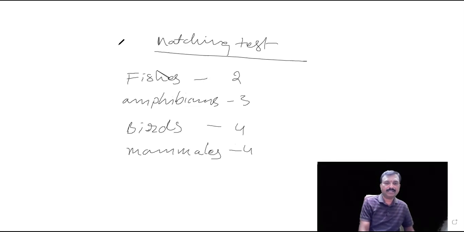On one side, the name of the group of animals, on the other side, the number of chambers. Questions like these will be asked in MHT-CET examination as well as in NEET examination. Please remember.